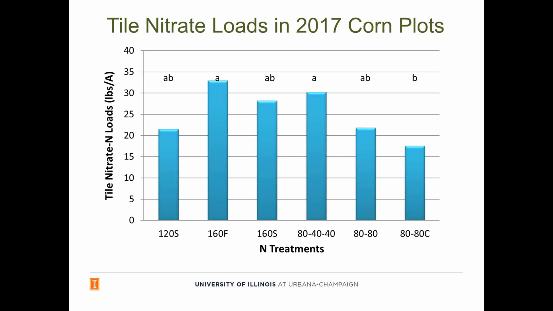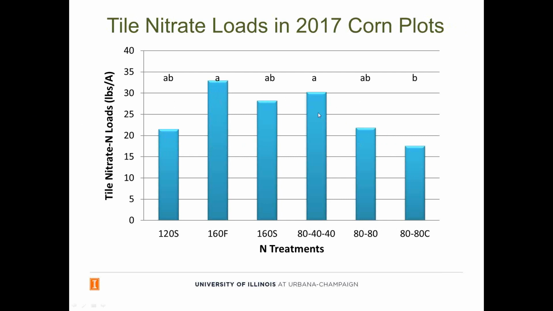Here's the tile nitrate loads from corn. Here we do have significant differences. Again, the reduced rate is showing that we can reduce tile nitrate loads by using only 75% of the N, but we're reducing yield. That's not what we want. Here we go with the fall N, and the half rate in the fall are the highest, but the spring N is right up there.